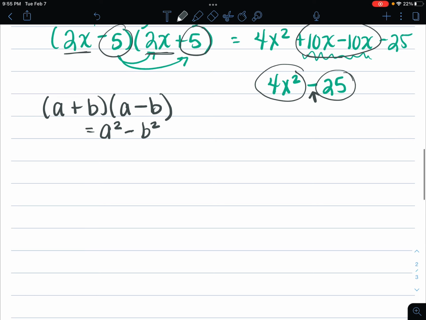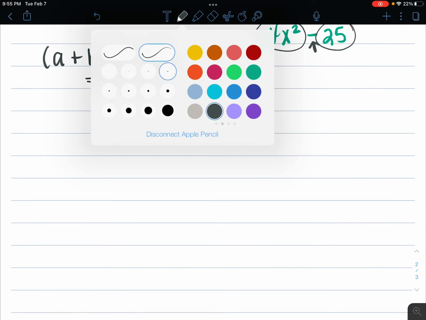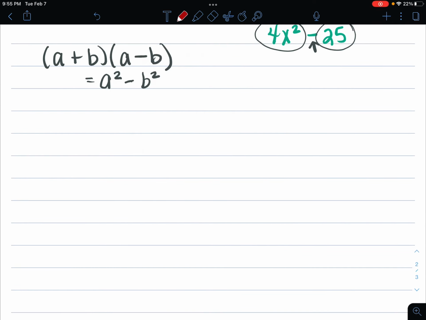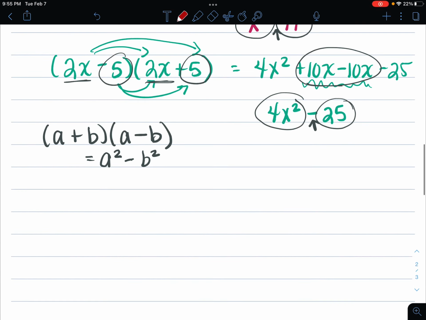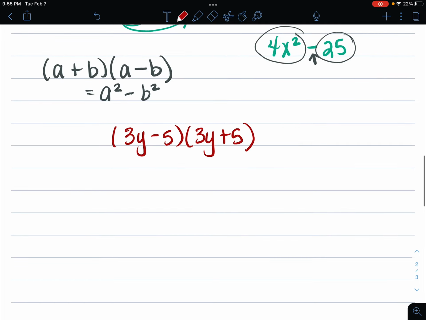Okay, so let's look at one of these where we're using the shortcut. Let's use the shortcut on this next one. Goodness, what do we got? This one's fine. 3y minus 5, 3y plus 5. Right, I'm just going to let you know I never use the distributive property on these just because it's way too much trouble, and I know that middle one's going to go away.